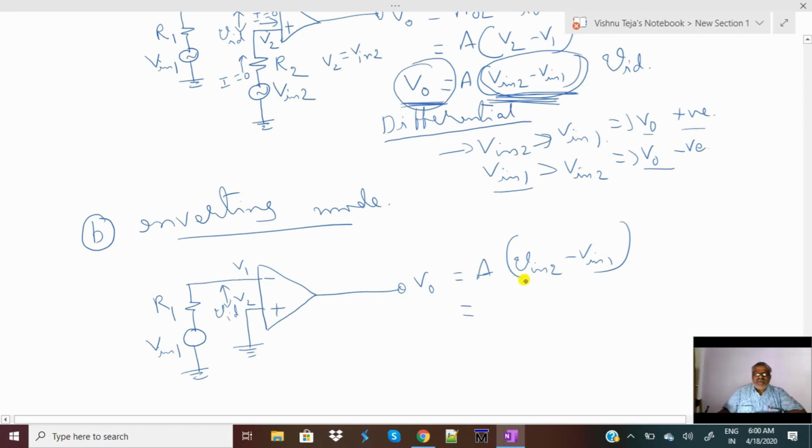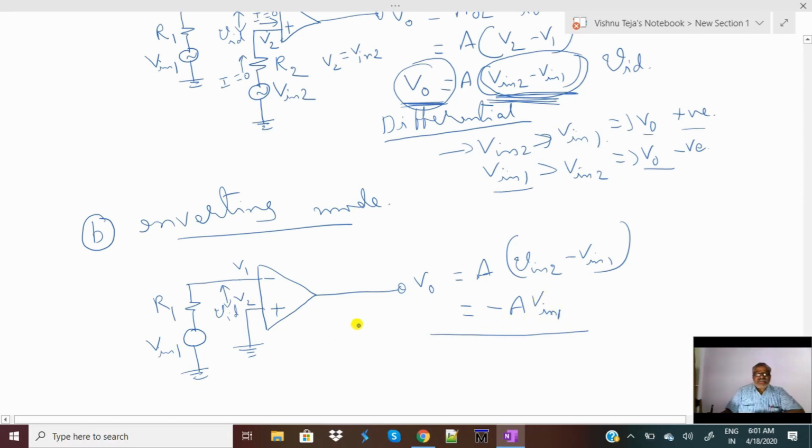But here, what is the value of Vin2? It is 0. So V0 will be equal to minus A into Vin1. So V0 is always equal to the negation of the product of gain and the input signal applied at the inverting terminal, because the output is always the inversion of Vin1.